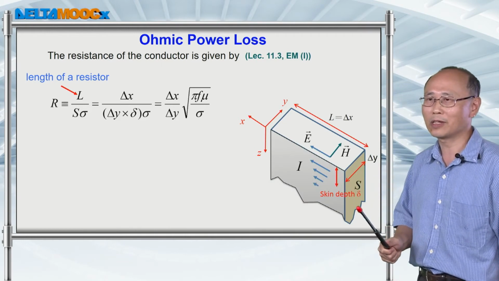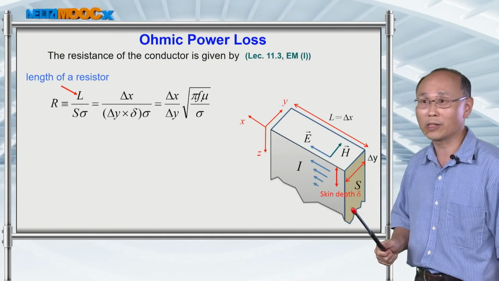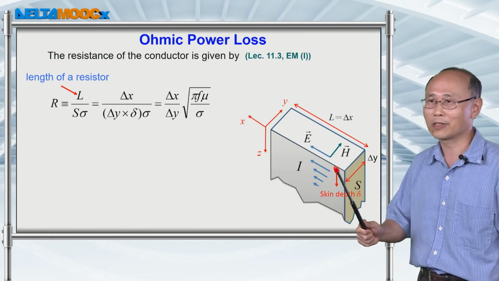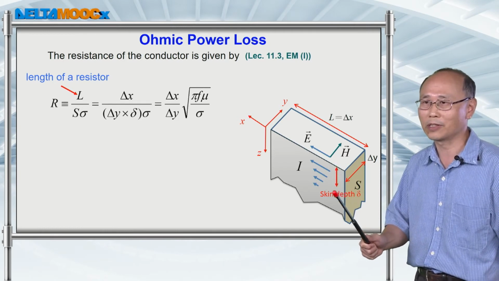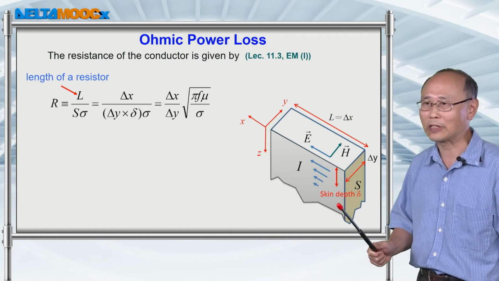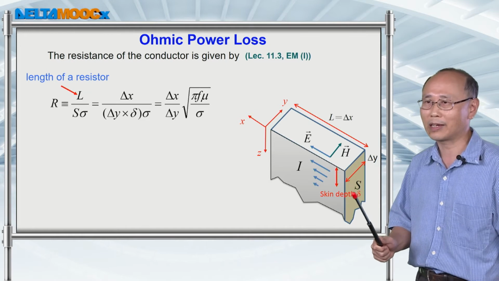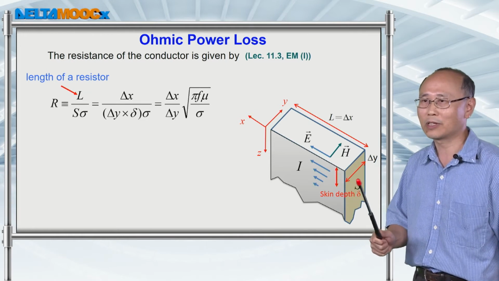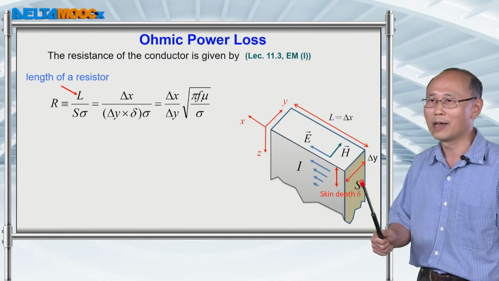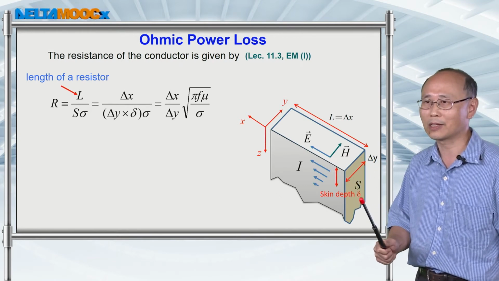But when you look into this configuration, there's no well-defined cross-sectional area for this piece of resistor, because your current is going to attenuate along this Z direction. But you have a characteristic length that contains the current. So the effective area here is going to be equal to delta Y multiplying with the skin depth.